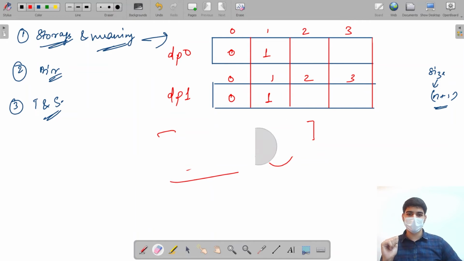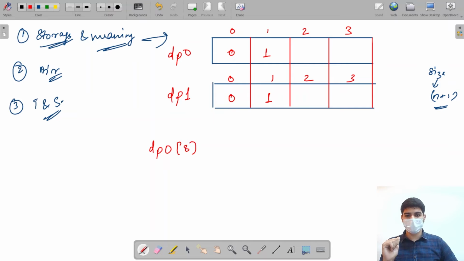Now, let's see what DP of 0 of 3 would mean. DP of 0 of 3 is nothing but DP of 0 of n, because n was equivalent to 3, n was our input, right?